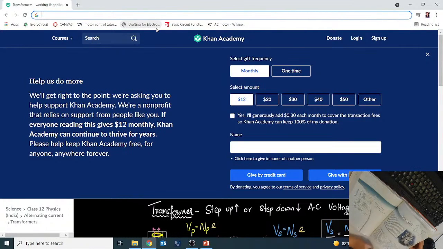Okay. Turns ratio. Alright. For example. Transformer ratios.